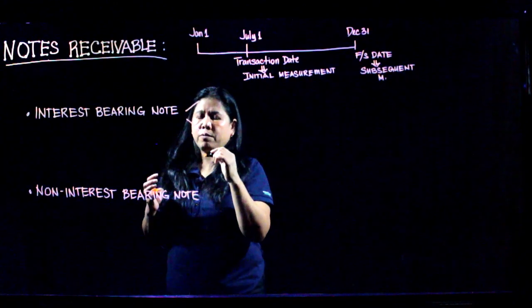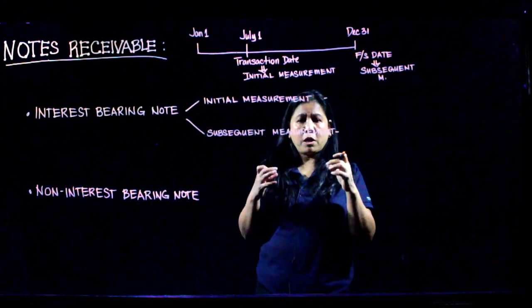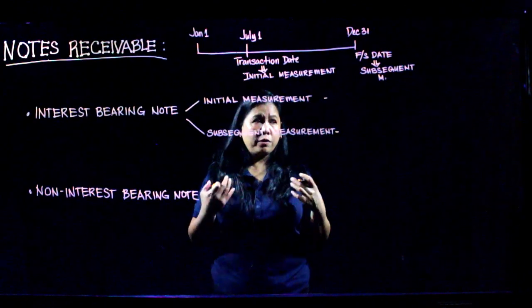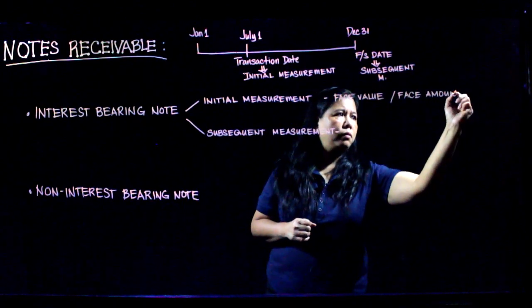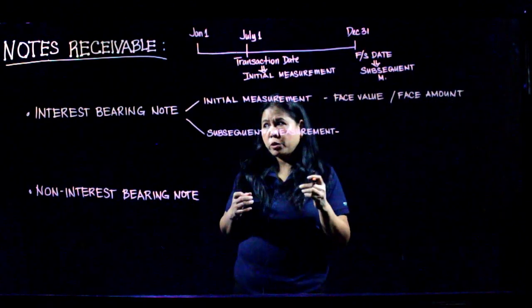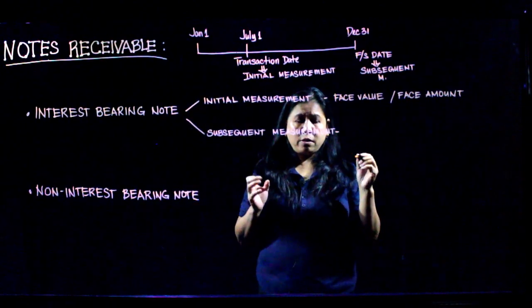Initial measurement of an interest-bearing note: we initially measure this at the face value, or the face amount, of the promissory note. And the subsequent measurement of this interest-bearing note will be the net realizable value.